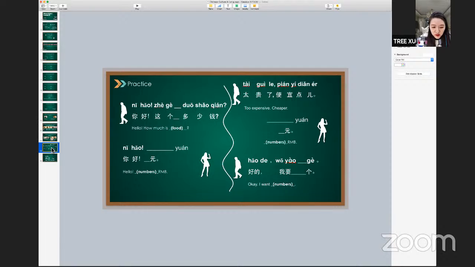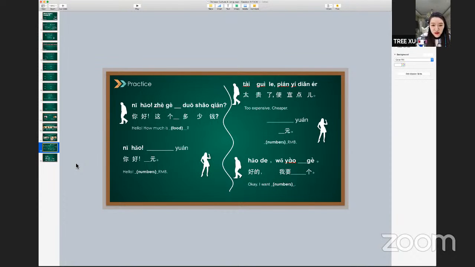And then you can add food or anything in it. 多少钱 means how much. We learned 钱 last time, right? 多 is more, 少 is less. 钱 is money.